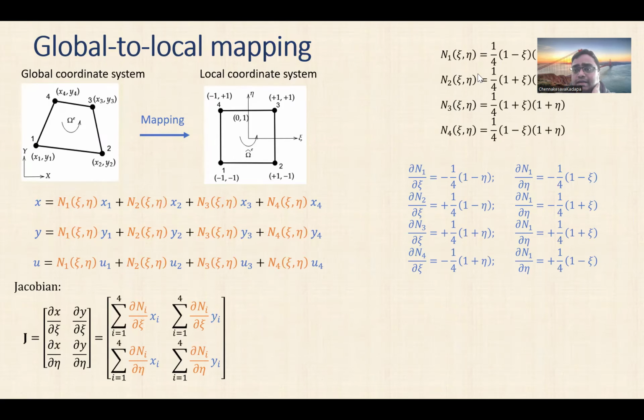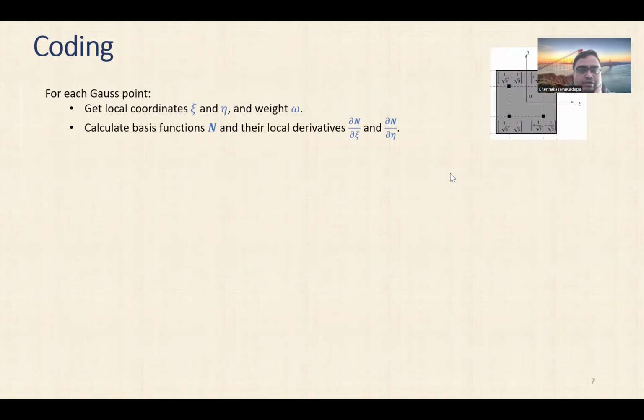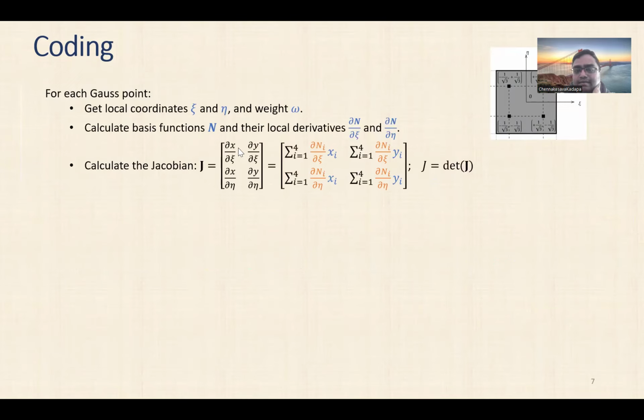Once we know xi and eta, we can calculate N1, N2, N3, N4 and their derivatives using these expressions. Once we know N and their derivatives, we can calculate the Jacobian matrix. So we multiply the derivatives of N with respect to xi and eta with the coordinates, that is x and y coordinates, and then we can evaluate these expressions to find the entries of the Jacobian matrix.